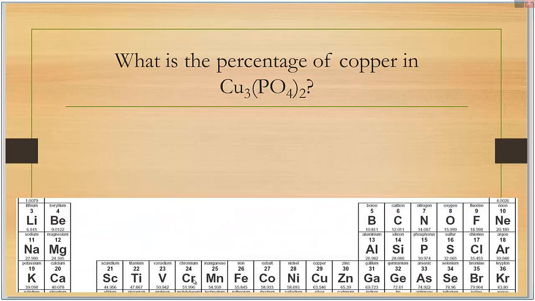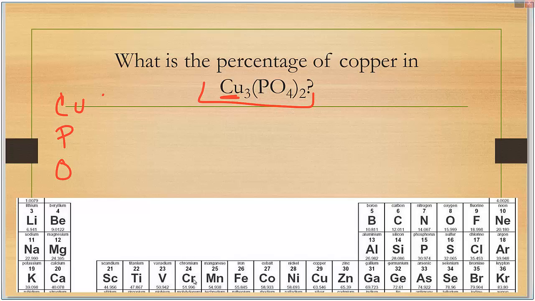Sometimes you'll be asked about just one of the elements. So here, what is the percentage of just the copper? You still have to figure out the mass of the entire thing in order to figure out the mass of the copper. So here we have copper, phosphorus, and oxygen. 3 coppers.